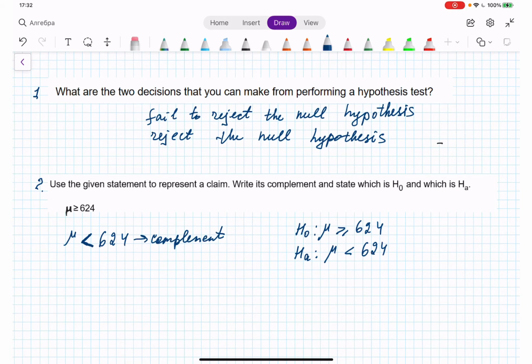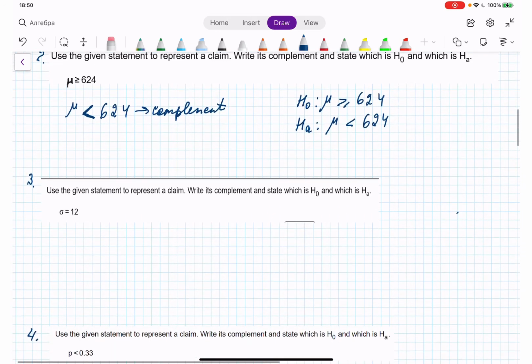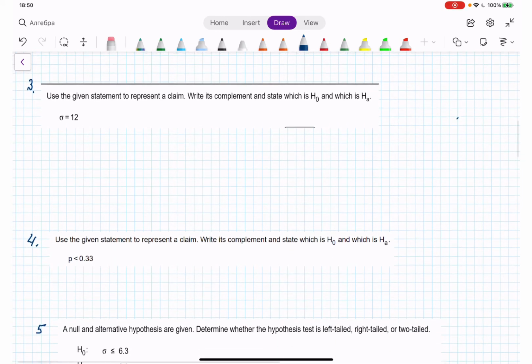Next question. Question number 3. Use the given statement to represent a claim. Write the complement and state which is the null hypothesis and which is the alternative. Sigma is the population standard deviation. So if sigma is equal to 12, then the complement is sigma is not equal to 12.